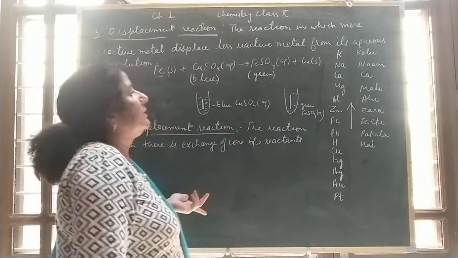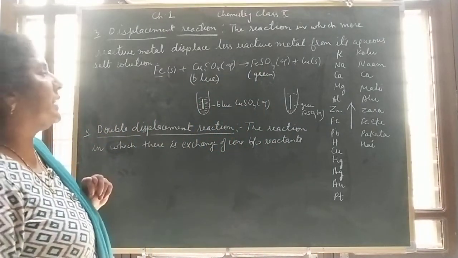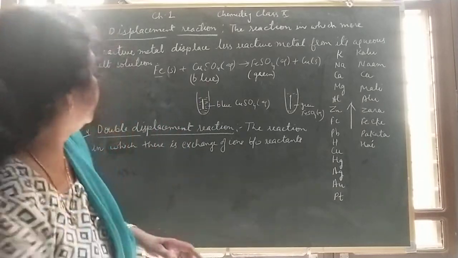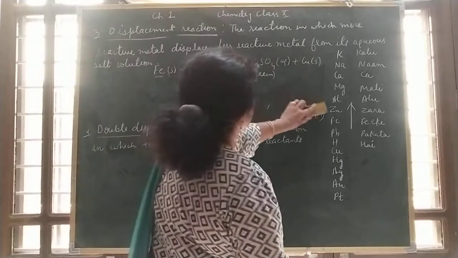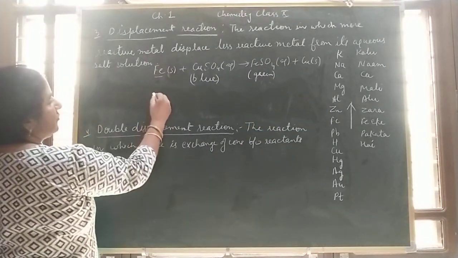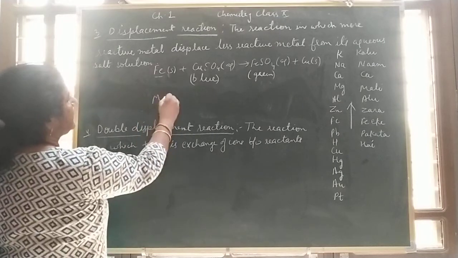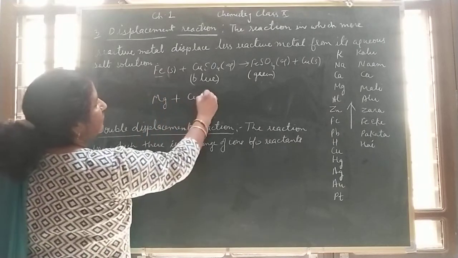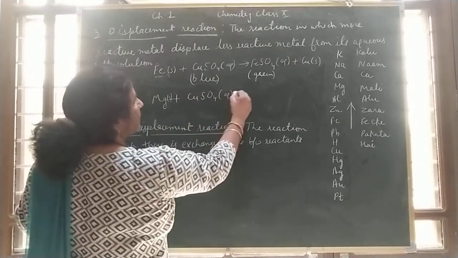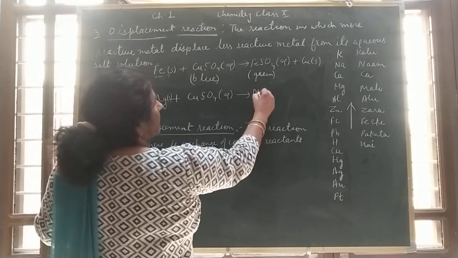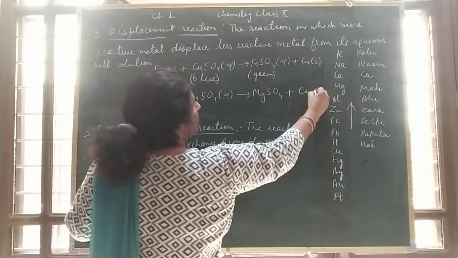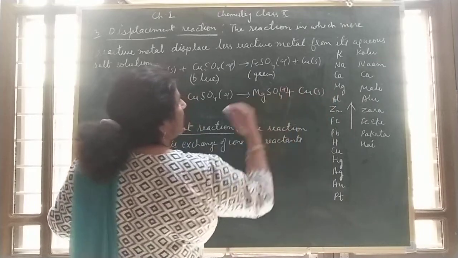If we take magnesium in place of iron, then what will we write here? Look here. Instead of iron, if we take magnesium plus copper sulfate, again in the solid form, this is in aqueous form, we get MgSO4 plus Cu, solid, and this is aqueous.